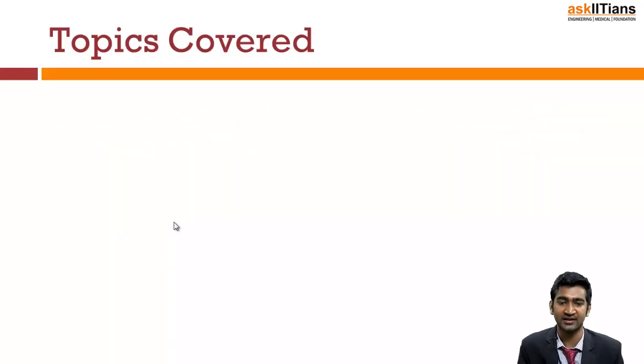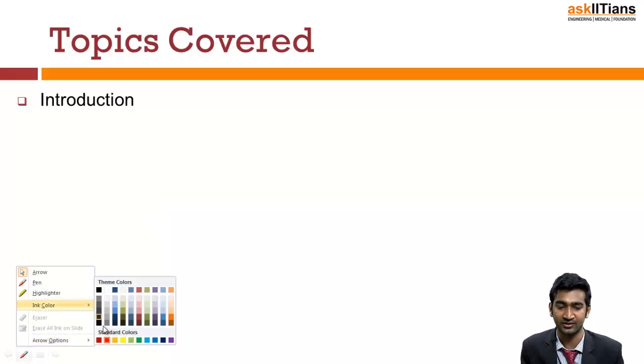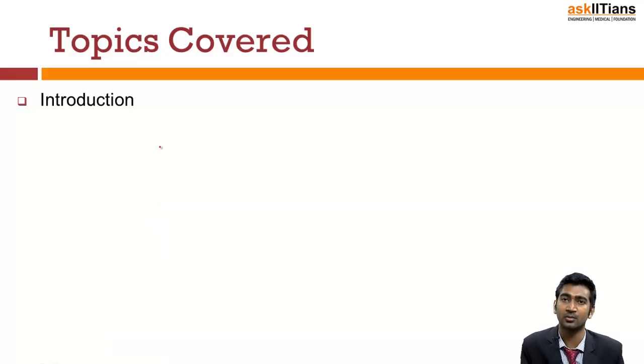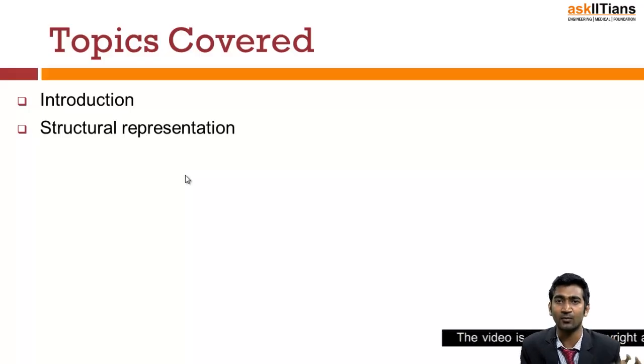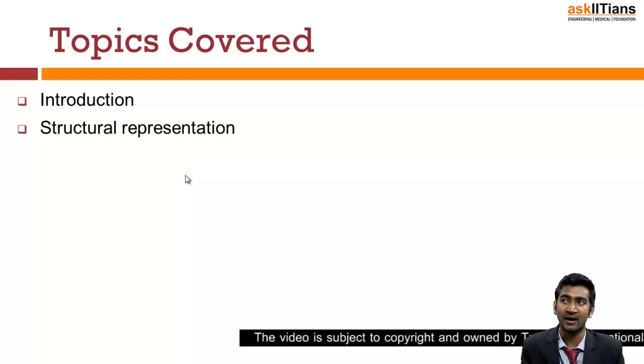So the topics covered: first of all, I will introduce what I actually mean by organic chemistry, what compounds you will be learning here, what are those types, and why those compounds. Then I will tell you about the structural representation, because in organic chemistry you will always see that I am representing any molecule, any compound, in different ways.